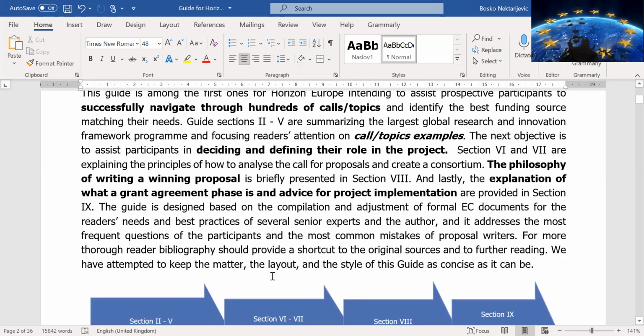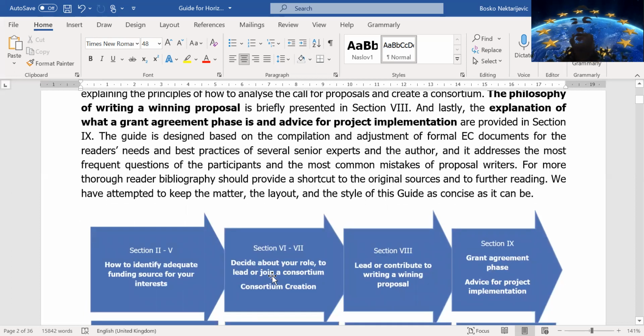Now, of course, for more thorough readers, bibliography will provide shortcuts and links to the original sources and enable those who are interested to have more materials, more support materials. But we have attempted to keep the matter, the layout, the style, as concise as it can be.